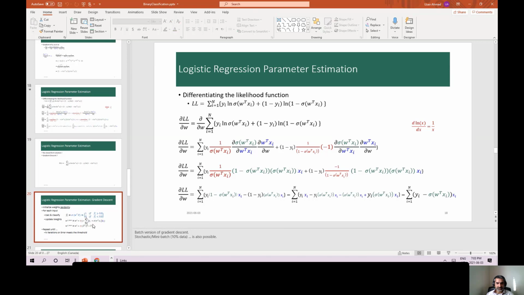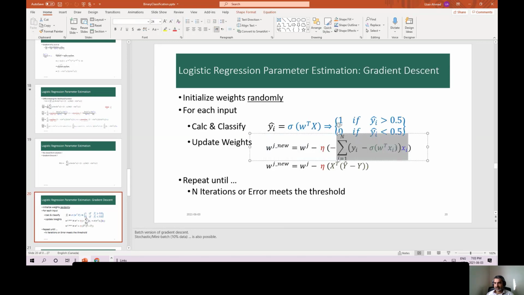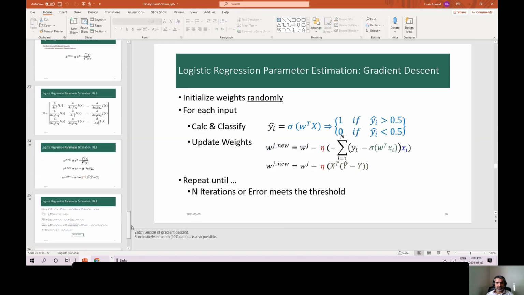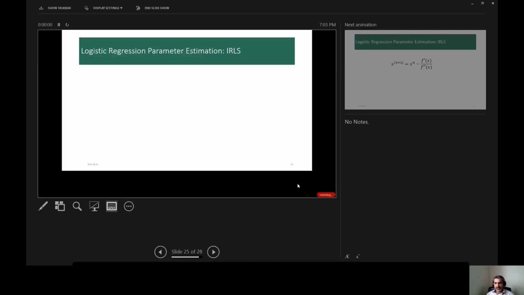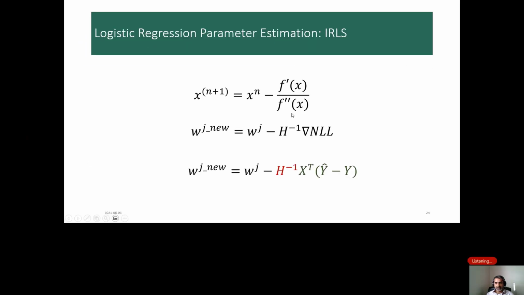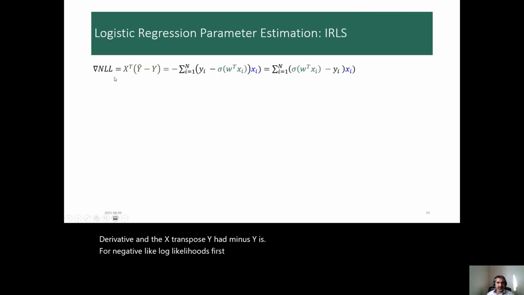We used it here in the gradient descent, and then in Newton-Raphson's method, we are using it by replacing the values for the first and second derivative. X transpose (y hat minus y) is the first derivative of the negative log likelihood, and for H inverse we can do this.